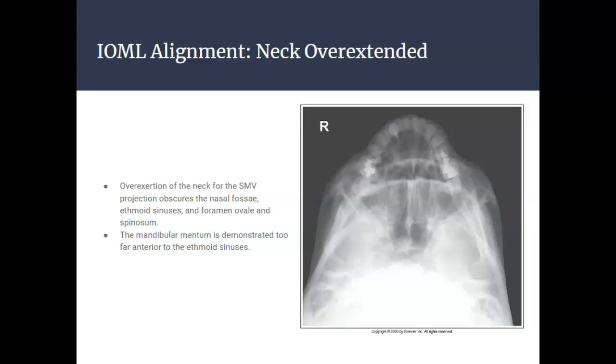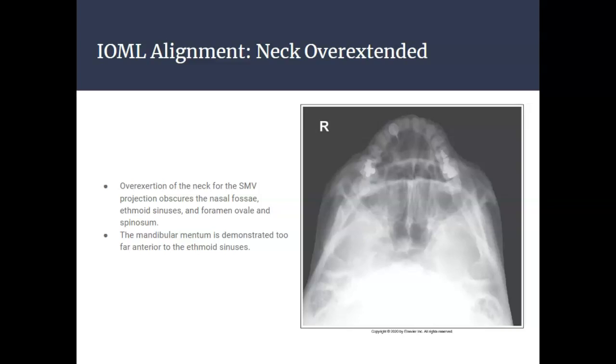In overextension, where the IOML is not parallel with the IR, the mandibular mentum will be demonstrated too far anterior to the ethmoid sinuses. I would like to make a side note that typically patients do not have a problem with overextension. You will typically experience the underextension. So this is a rare case.